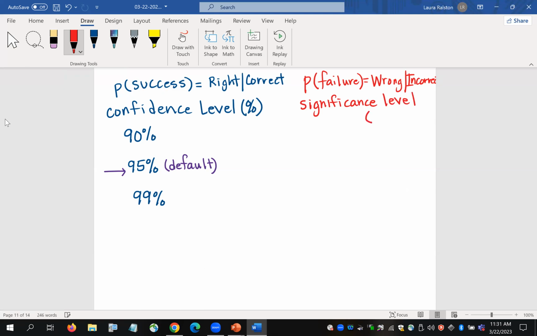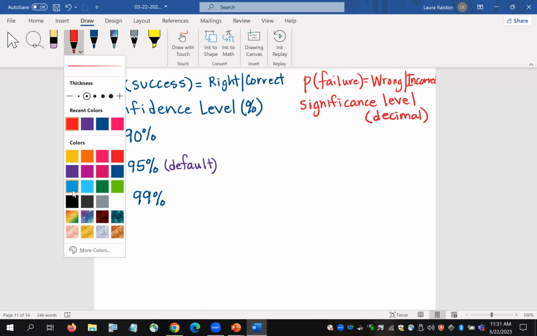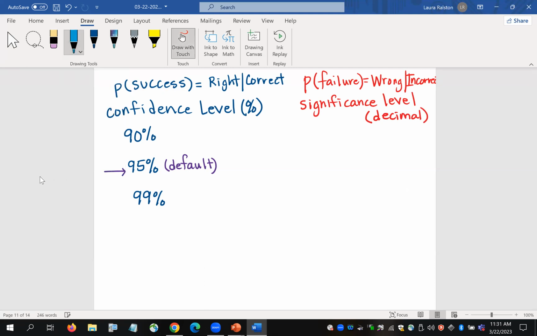The significance level is often stated in decimal form. And it actually has a special symbol in statistics. The symbol for the significance level is the Greek letter alpha. It's the one that looks like a fish. Okay, it's the Greek letter alpha.